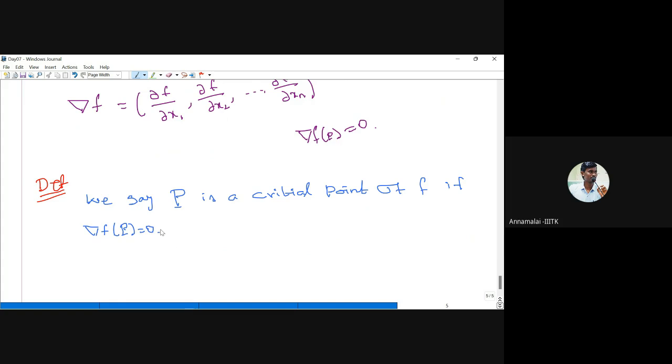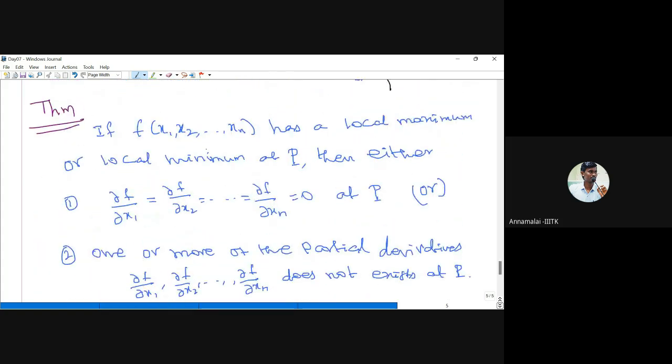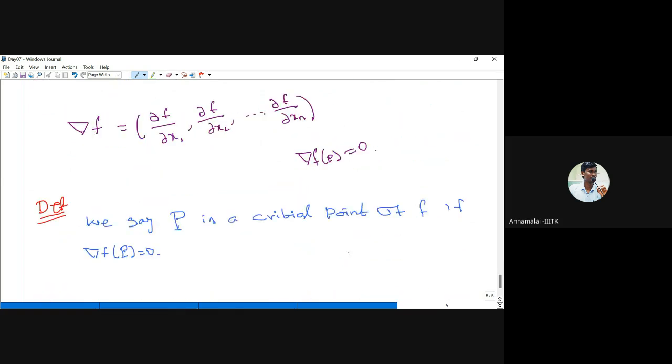So one way is always true: suppose it is either a local maximum or local minimum, then either del f is 0 or one or more partial derivatives do not exist. Therefore not all critical points are local maximum or local minimum. Keep in mind.